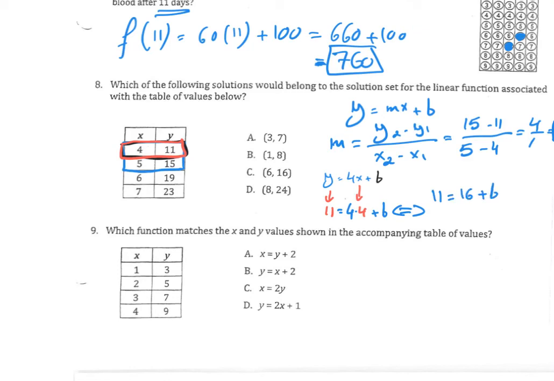We subtract 16 from both sides, and we have negative 5 equals b.